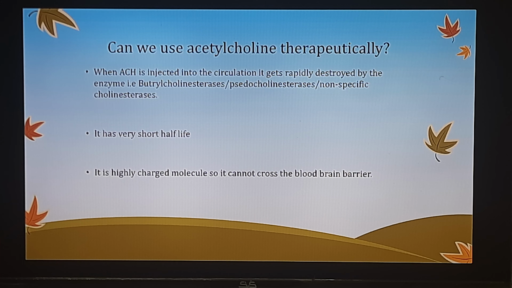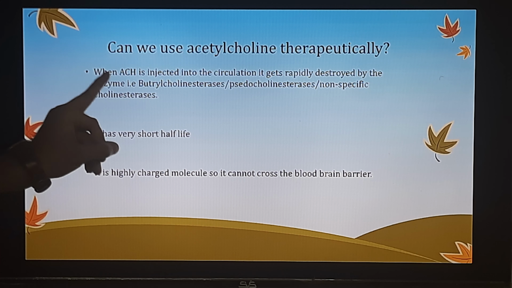Now let us see whether we can use acetylcholine therapeutically. When we inject acetylcholine systemically into a patient's body, what is the response?